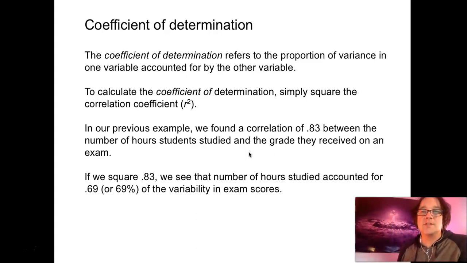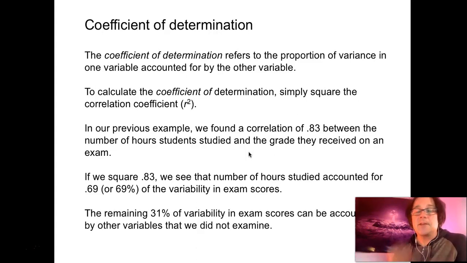A bunch of other stuff explains the rest of it, but this variable explains 69%. So, like I said, the remaining 31% of the variability in the exam scores can be explained by variables that we didn't examine. It's impossible to examine them all. That's for sure.